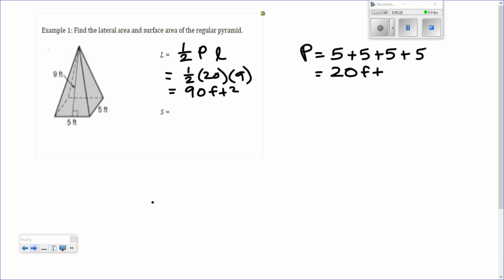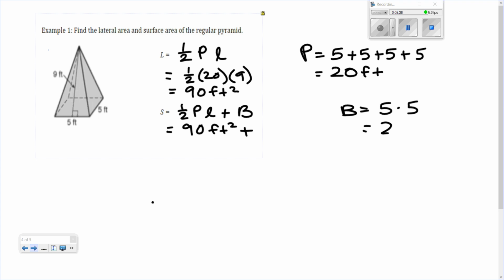I'm going to use this value because my surface area is 1/2 PL plus the area of my base. So 90 feet squared plus the area of my base, which is 5 times 5, which is 25, so plus 25 feet squared. This gives me 115 feet squared for the surface area of this rectangular pyramid, or square pyramid.